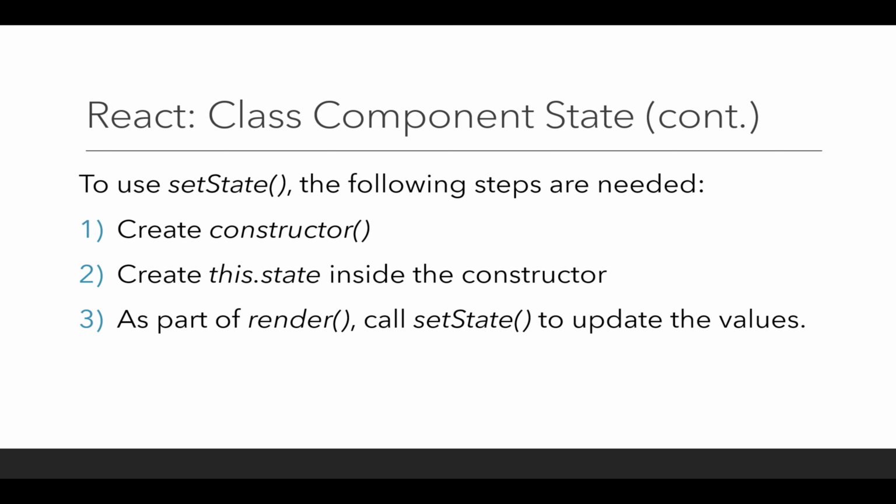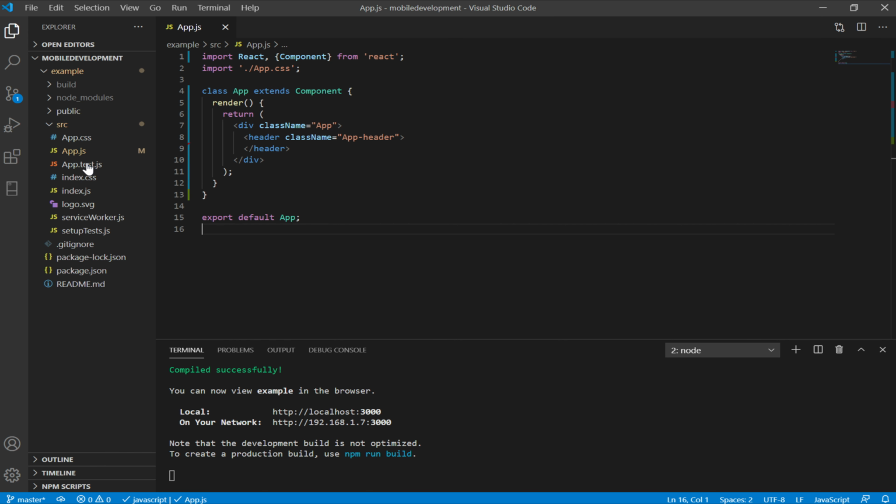So I'm going to move over to Visual Studio Code. And you see we have a class component right here. So again, as a double check, I have React, import React, which we will always have. And then I have a comma and then Component. Notice I'm importing Component with little curly brackets around it. And down here, class App with the keyword class and extending Component, which of course makes it a class component.